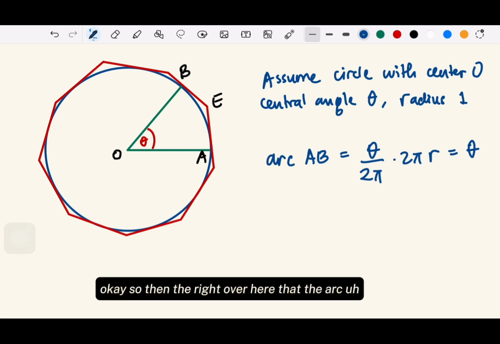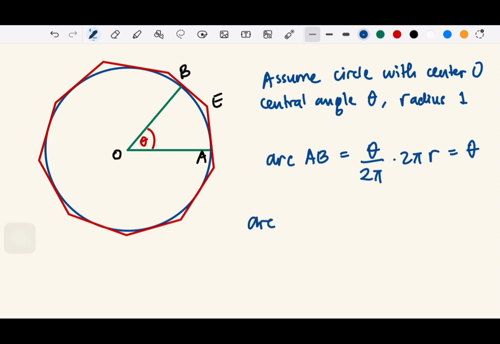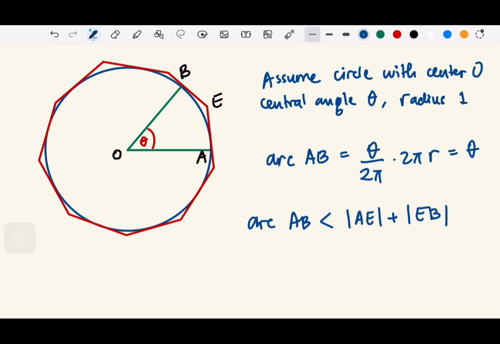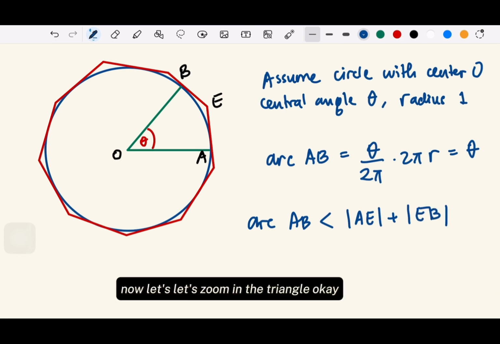Let me write over here that the arc AB is less than AE plus EB. Now let's zoom in the triangle.